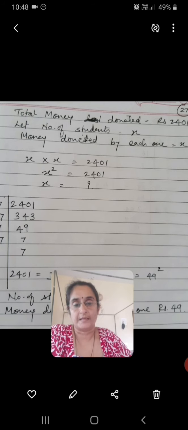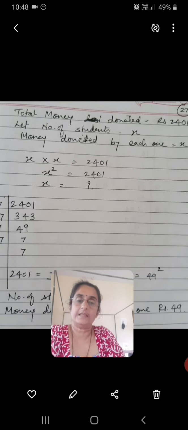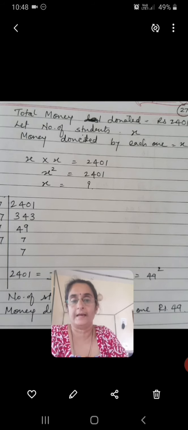That is also not mentioned, but it is told that the number of students and the money donated by everyone is the same. So if there are 30 students in the class, each one has contributed 30 rupees. It's like that. So we'll consider the number of students also X and the money donated by them also will be X.